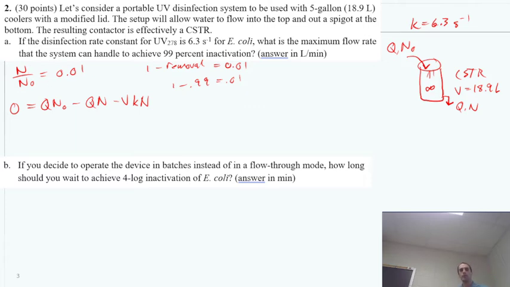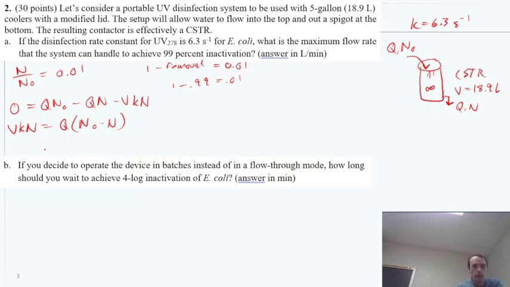So maybe it makes sense to solve in terms of N over N naught and then solve for Q, or I think in my notes I went ahead and solved for Q itself. So we'll go ahead and get the Q terms by themselves. I'll move VKN to the left side. Go ahead and extract Q from these two. So it'll be N naught minus N.